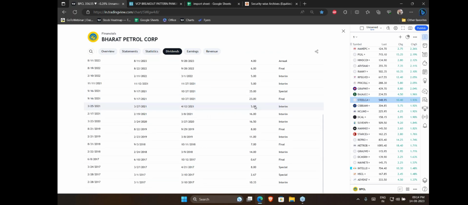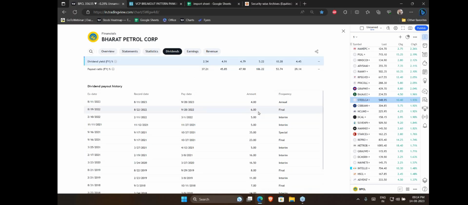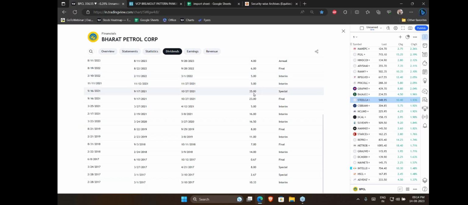See, this is how much they have given: final, interim, special. They can announce any kind of dividend any time they want. So BPCL is sharing a lot of dividend with the investors. This is how dividends are being shared by BPCL.